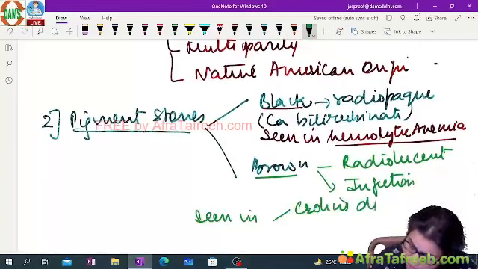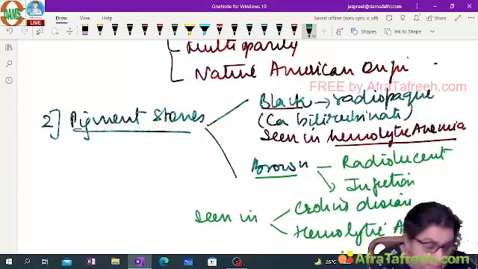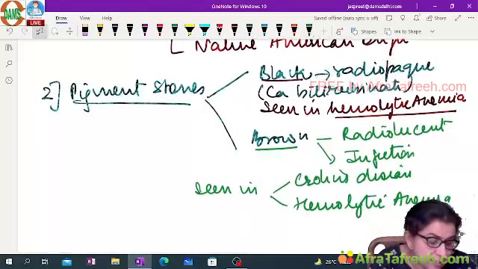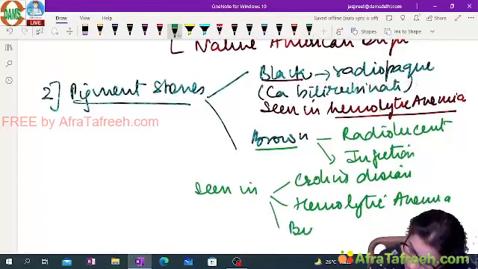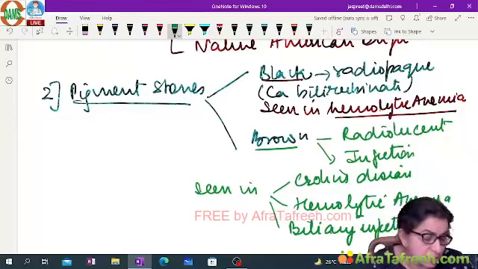Crohn's disease patients can have these. Then hemolytic anemia patients can have black or brown stones both. So Crohn's disease, hemolytic anemias, then biliary infections. Patients with biliary tract infections can have these brown colored stones.